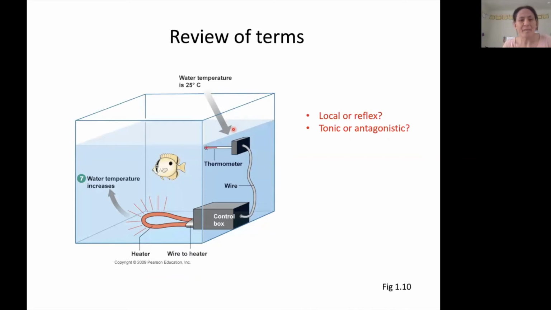The system is set up so that a thermometer senses the temperature of the water and sends its signal through a wire to the control box. Then the control box sends its signal through a wire to this heater, to heat up the aquarium if the water temperature has fallen too far, okay?